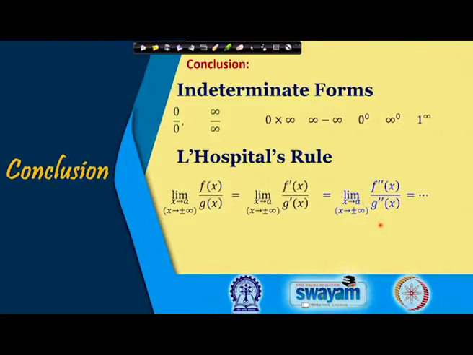But the important point was that this rule is valid when those limits exist. If the limit of the derivatives does not exist, we cannot conclude that the original limit does not exist. So, this rule is a very useful rule.